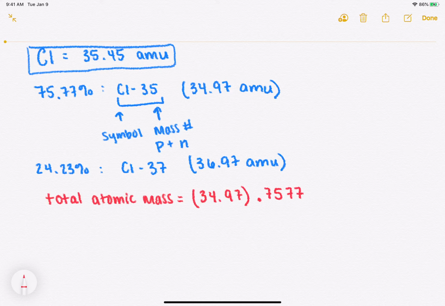Remember that if we are changing a percentage into a decimal, all we do is we move this decimal point 2 spaces to the left to get 0.7577. In my class, you can write .7577 or you can write 0.7577. I don't care whether or not you include that 0, it's the same number either way.